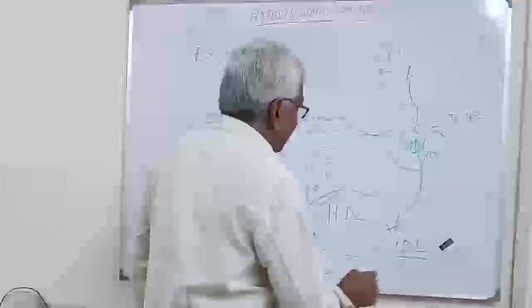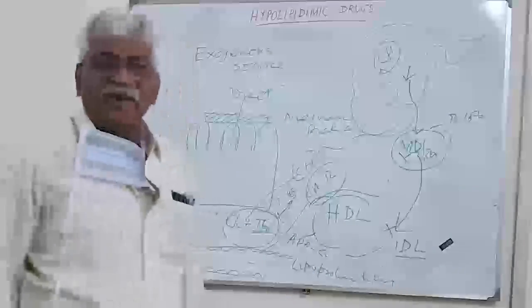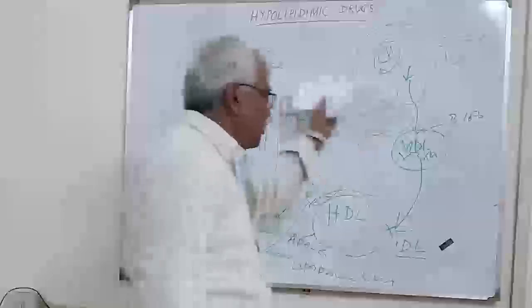This LDL, this VLDL, this chylomicron are responsible for movement of the cholesterol to the periphery. Now, from the periphery to the circulation, what happens?